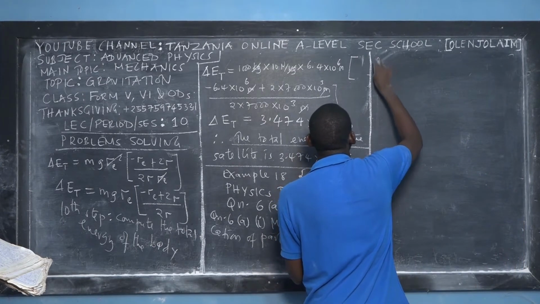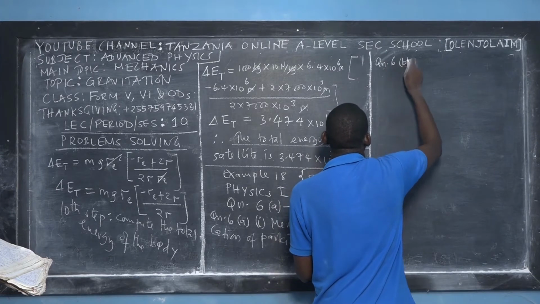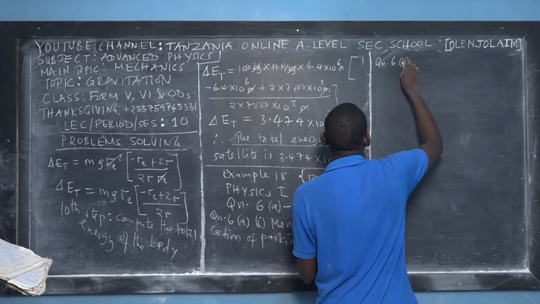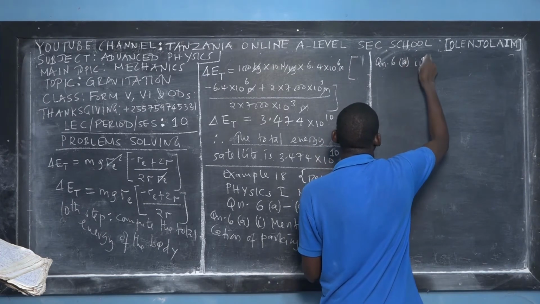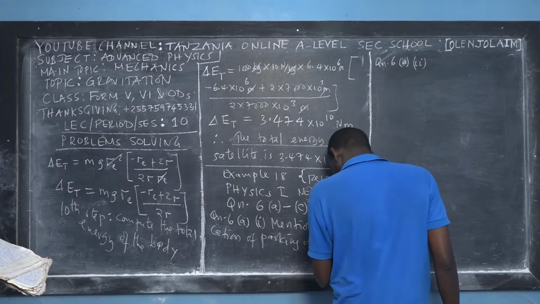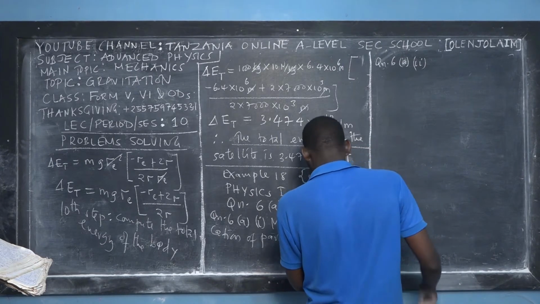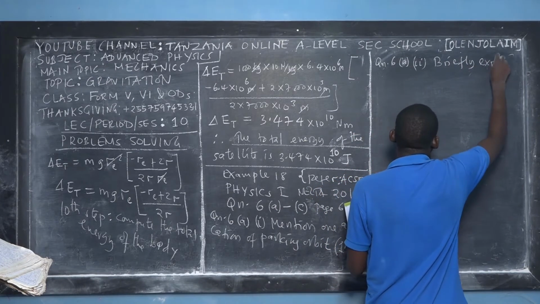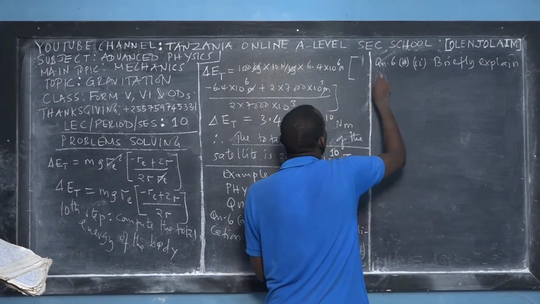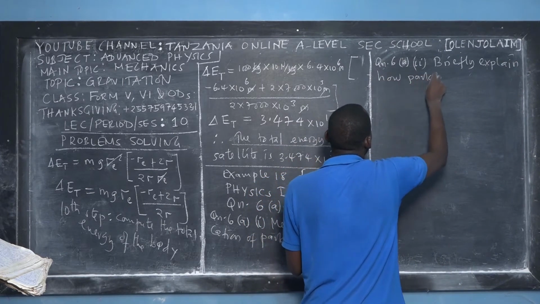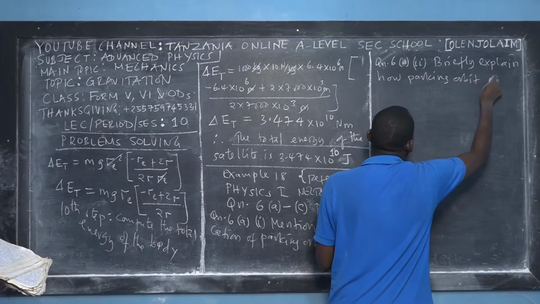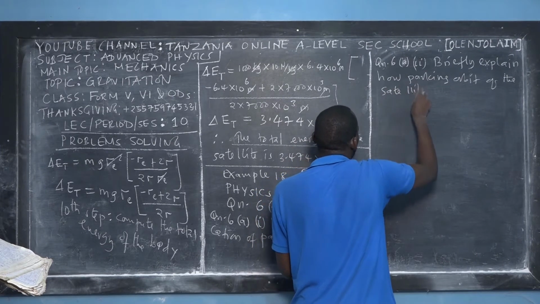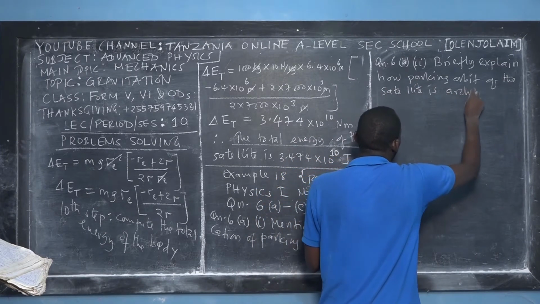Then you have question number 6A, Roman 2. The question says, briefly explain how the parking orbit of the satellite is achieved.